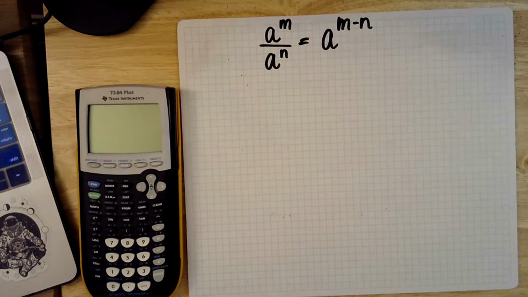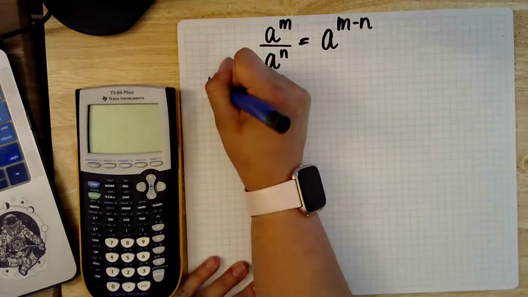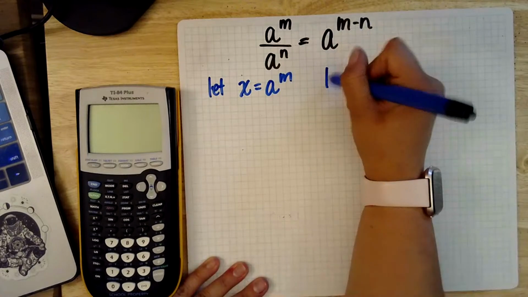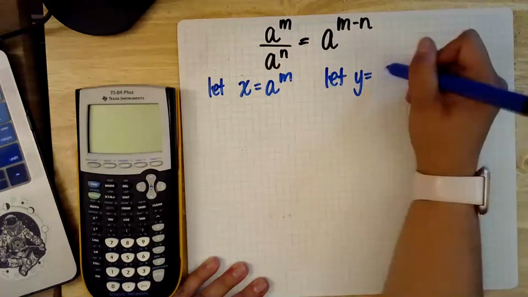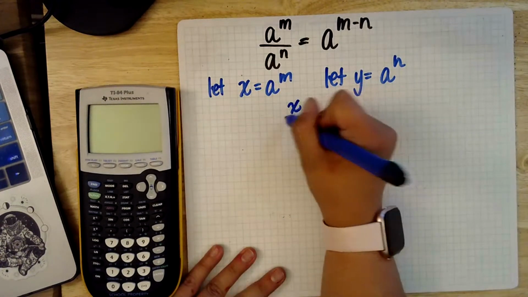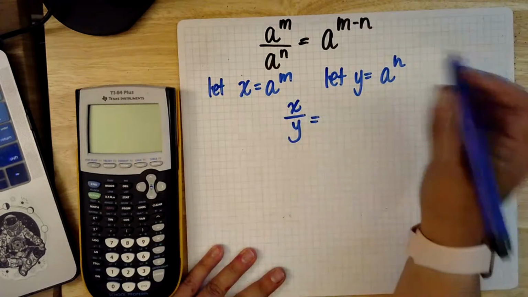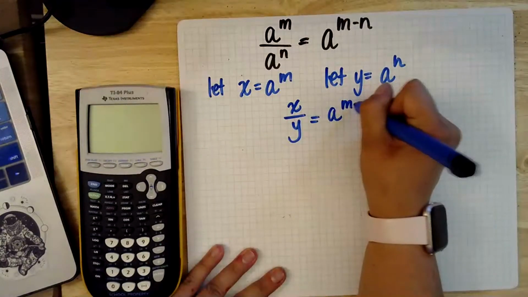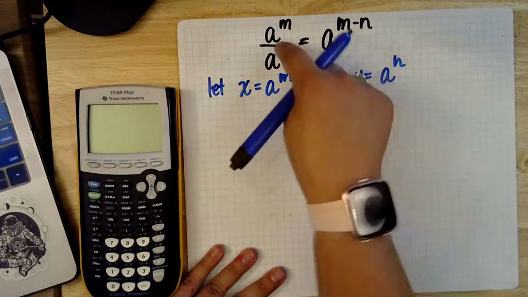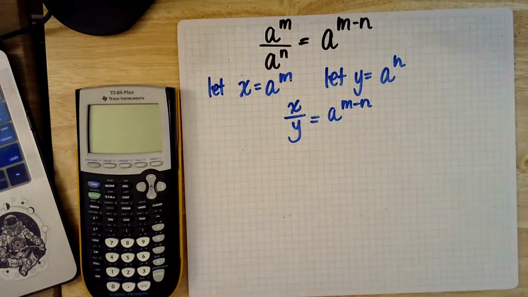I'm going to go ahead and let x equal a to the m, and let y equal a to the n. So what does this mean? That means I have x over y is equal to a to the m minus n. That was my x, that's my y, so all I did is use substitution right there.